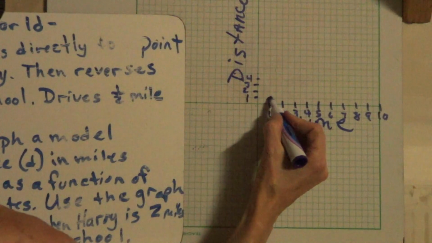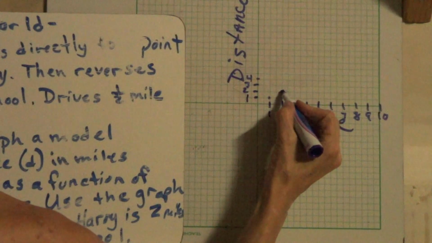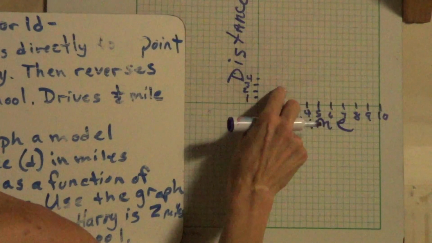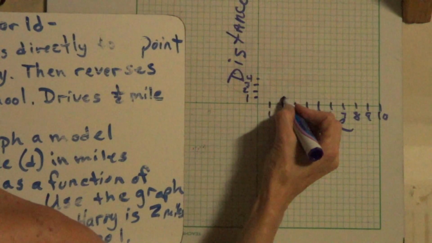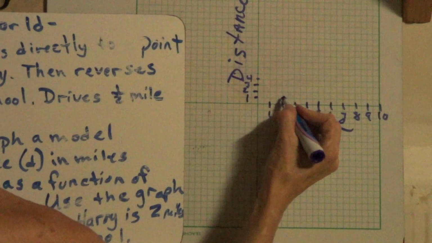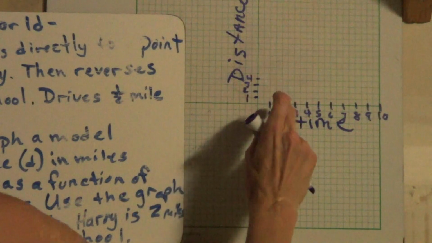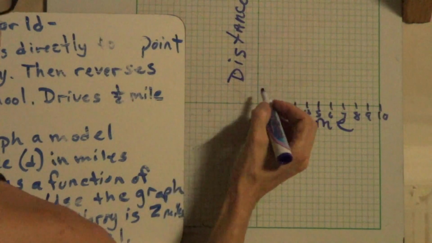Okay, so 1 mile in a minute. I'm sorry, he goes half a mile a minute. So half a mile, there's 1 and 2. Did I help myself at all? No, I don't think I did.